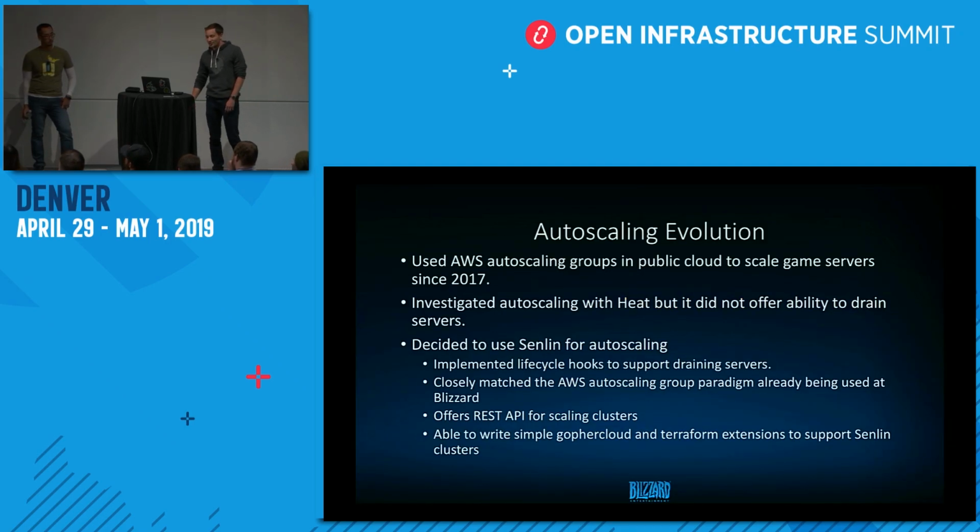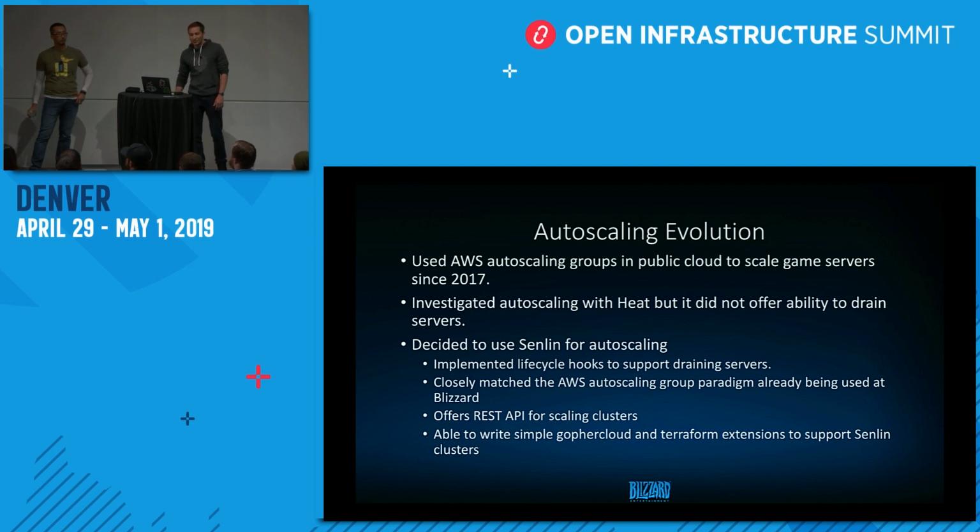So, autoscaling evolution at Blizzard: we initially implemented it in AWS, and then we investigated autoscaling with Heat, but the Heat API was very different from the one that we already had implemented for AWS.